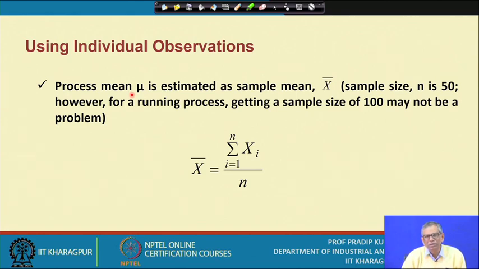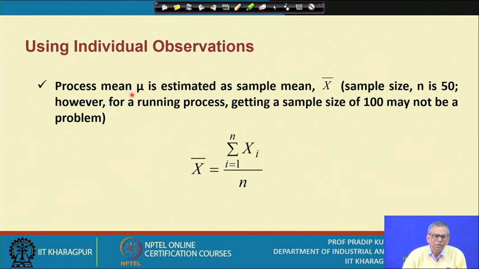Obviously, from the population or from the process, you have to draw a sample. And how to draw the sample? There are many procedures. It could be probability sampling procedures, or it could be non-probability sampling procedures.